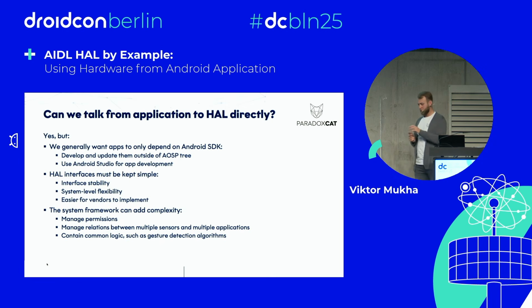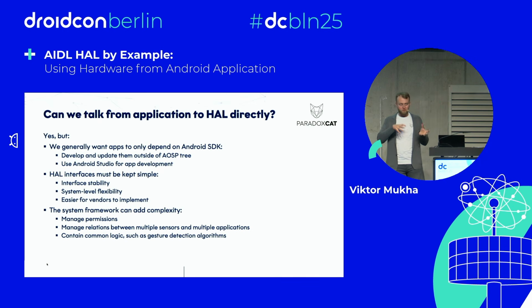However, this could be a good idea to abstract it to the service. So why? Generally, applications don't want to be depending on anything but Android SDK. Maybe a little bit vendor extensions if we're talking about custom hardware, so that you can develop them outside of AOSP tree. I mean, there are many pluses, many pros there, right?